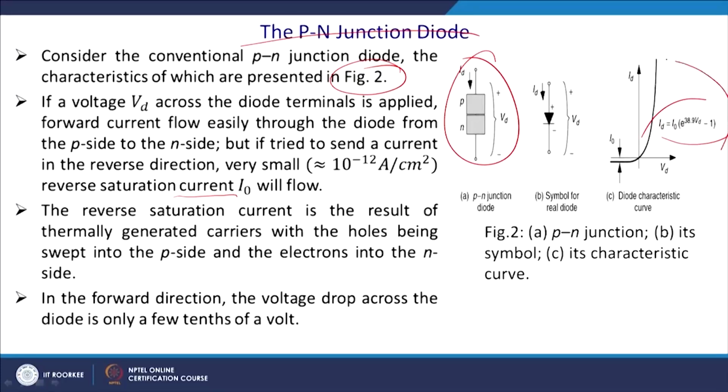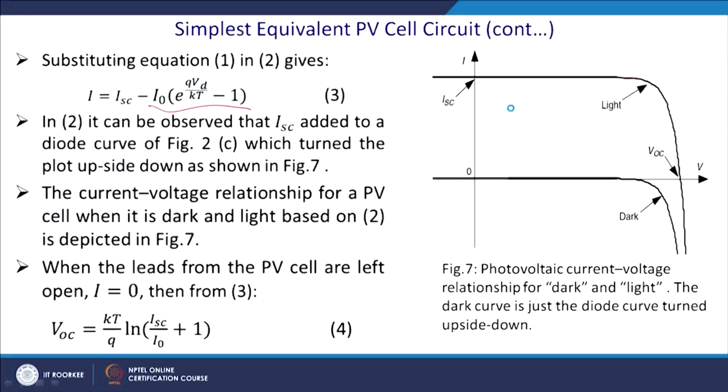This is the curve, and the current-voltage relationship for a PV cell when it is dark and when it is lit, based on equation 2, is depicted in figure 7. This is the dark condition, and this is the light condition where I_SC will be positive.